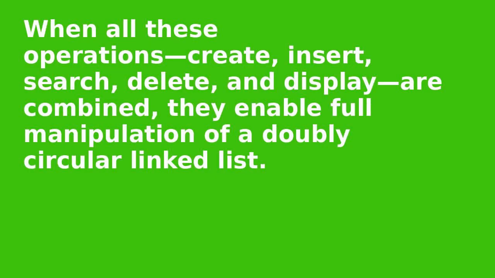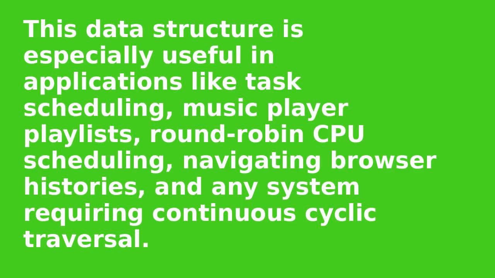When all these operations, create, insert, search, delete, and display, are combined, they enable full manipulation of a doubly circular linked list. This data structure is especially useful in applications like task scheduling, music player playlists, round-robin CPU scheduling, navigating browser histories, and any system requiring continuous cyclic traversal.